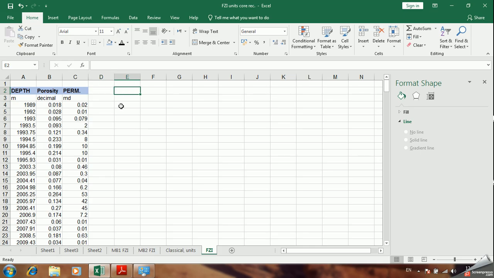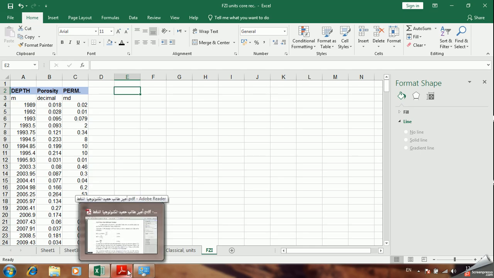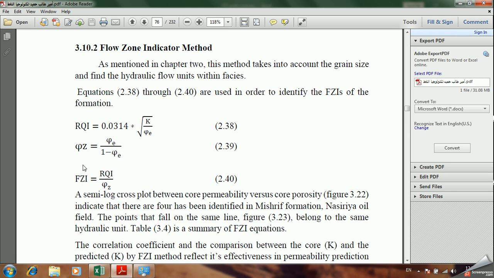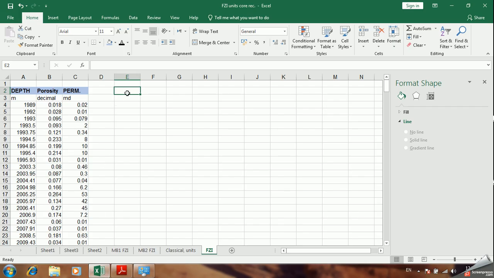Depending on the literature, we have three equations to find the flow zone indicator, starting from finding the reservoir quality index, and phi z. Then we have the flow zone indicator.